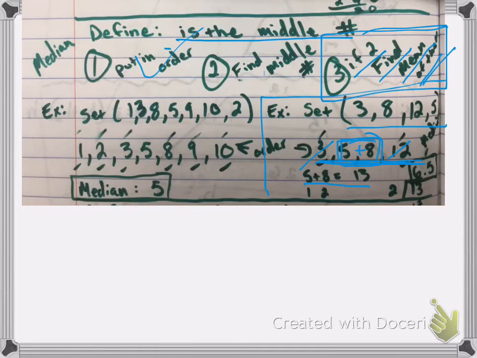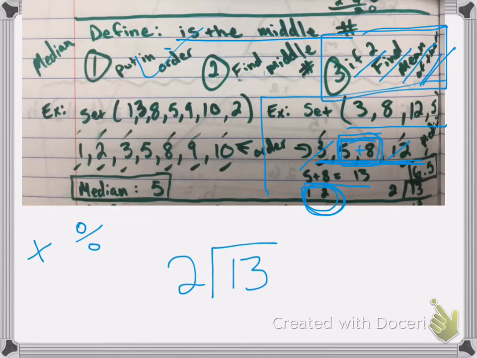I got 13, okay? I said that there were two numbers that I'm finding the average for. So what I did is I took 13 and I divided it by 2, because when we are finding the average, you add them up and then you divide by how many numbers you had in your set.